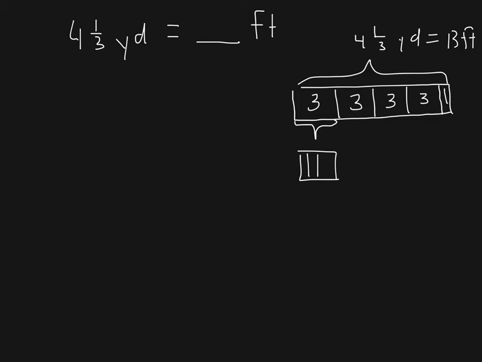Now I'm going to show you how to solve the problem using the equations, just like we have been doing for the last couple of days. 4 1/3 yards equals blank feet, and it's going to equal 4 1/3 times 1 yard.